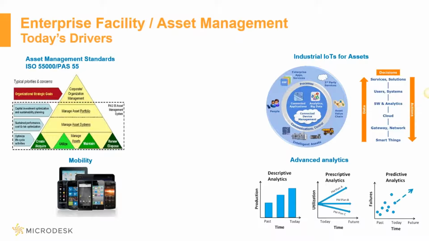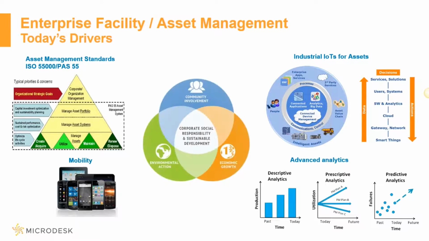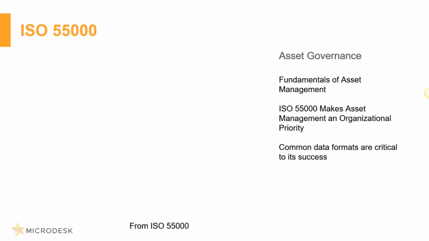Now, in terms of the ISO standards, we're not going to talk too much about them today, but just give you a framework for how, at the top level of the organization, they're looking at operations, facilities, and asset management. Like I said before, ISO standards are growing in popularity amongst organizations that want to adhere to the best practices in the industry.